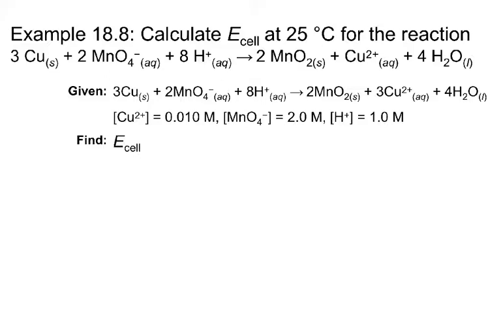So let's work through an example of that. Calculate the cell potential at 25 degrees for the reaction given there. We're given our reaction and these concentrations.